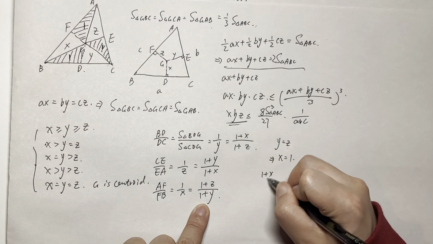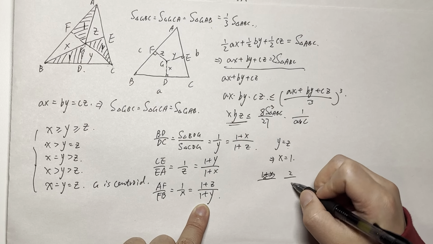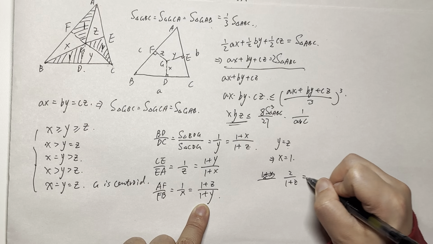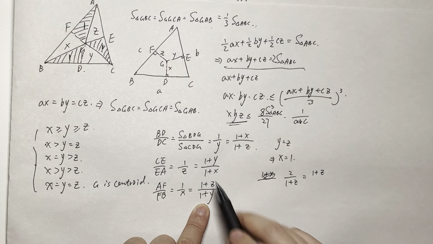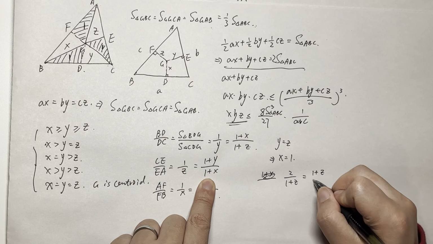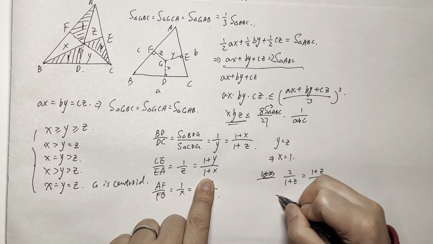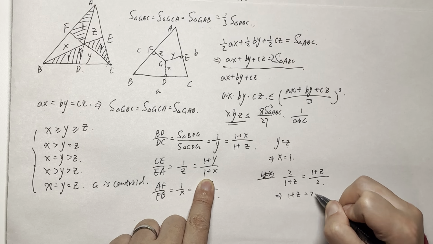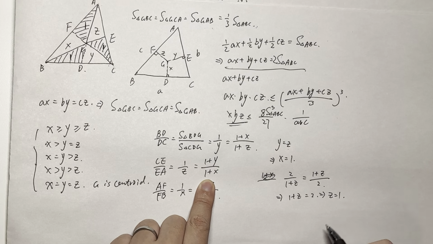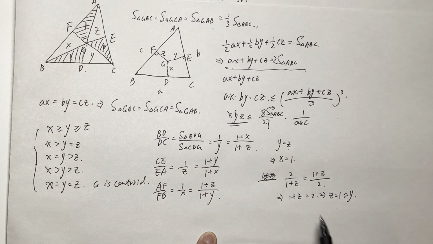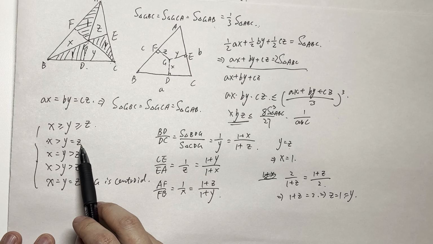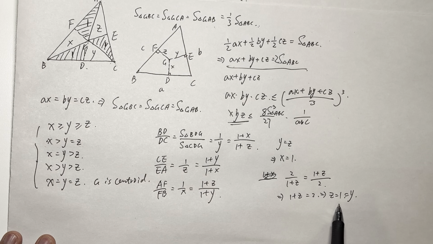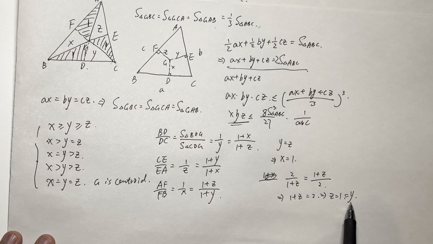That means 1 plus x to 1 plus z equals 2 to 1 plus z, because y equals z and we replace it, right? Which means 1 plus z equals 2, so z equals 1, which equals y, right? So x, y, z are all equal. So this condition cannot happen, x larger than y equals z, because once y equals z, we eventually get x also equal to y equals z, right?